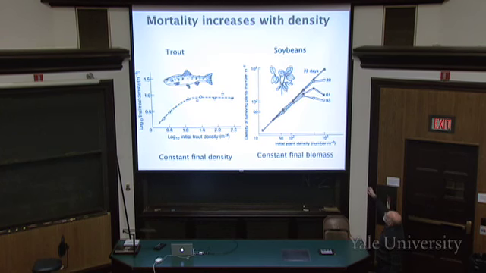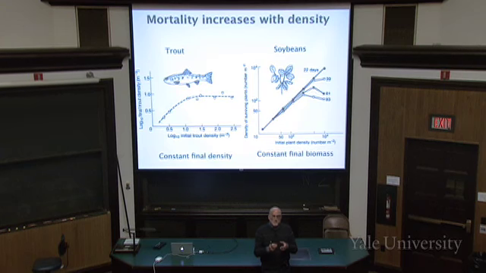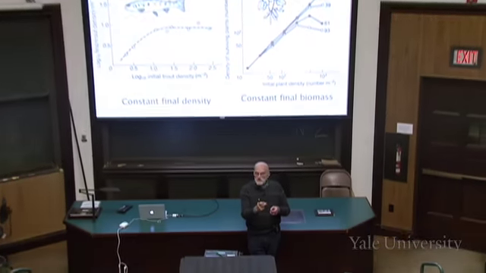And this is the demographic process that basically leads to constant final biomass. If you go on all the way through to harvest, you're going to end up with about 100 plants per square meter. And by the way that plants regulate their individual growth, you essentially get the same amount of leaf area or root area covering a square centimeter of ground.